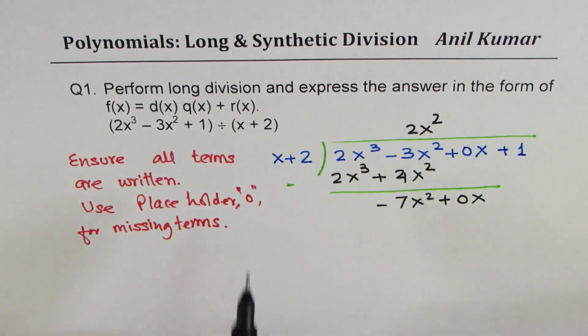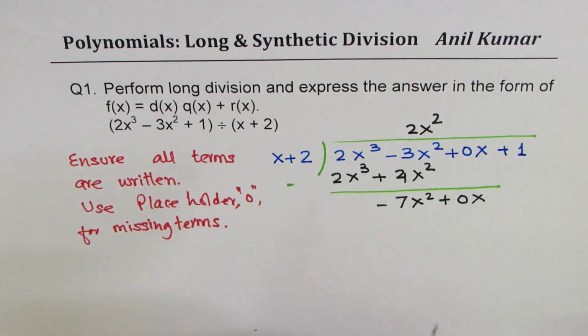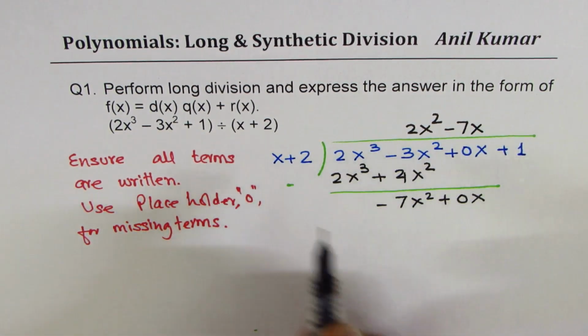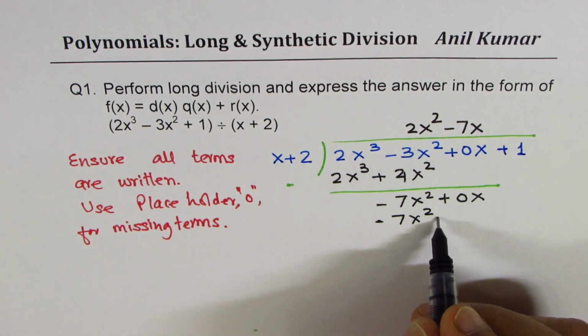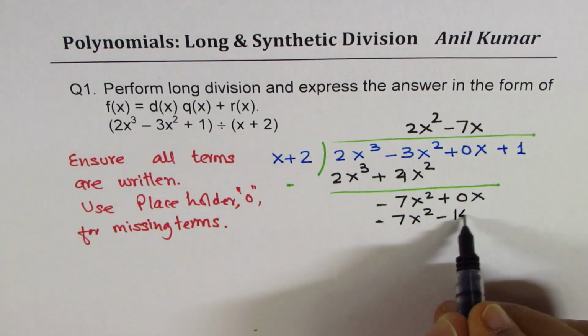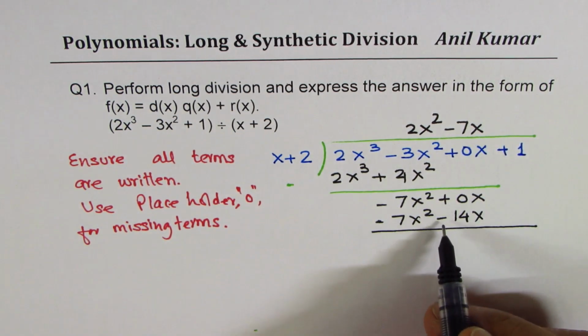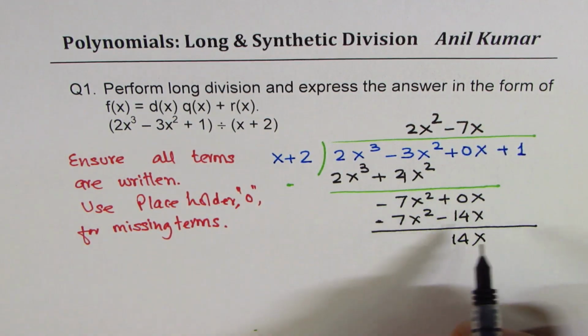So minus 7x squared should be divided by x to get the next term in the quotient. You get minus 7x, right? So when you multiply, you get minus 7x squared, minus and minus 14x. Now when you take away, that minus 14 becomes plus 14, and these two cancel out.